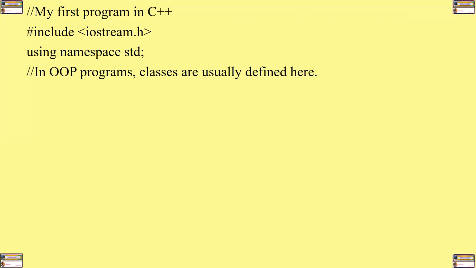The comment is that in object-oriented programs, you usually define classes at this point, that is, before main. My next line is int main, followed by a pair of parentheses. These symbols after main are called parentheses.